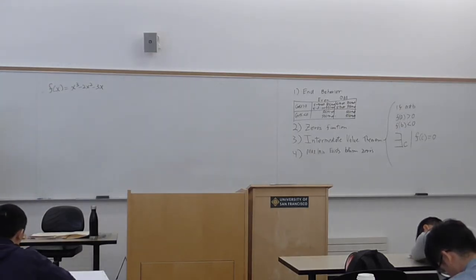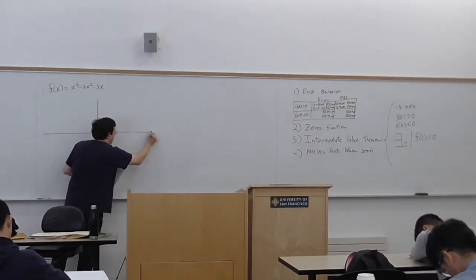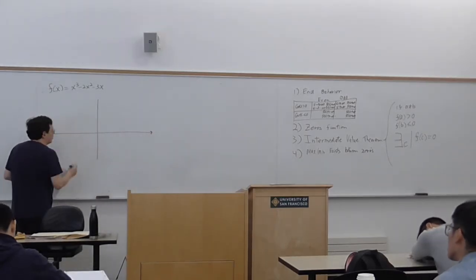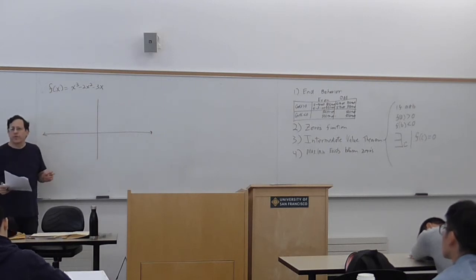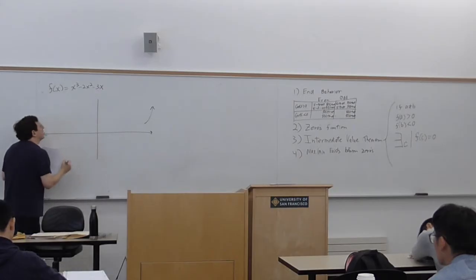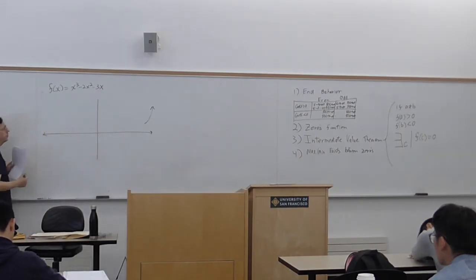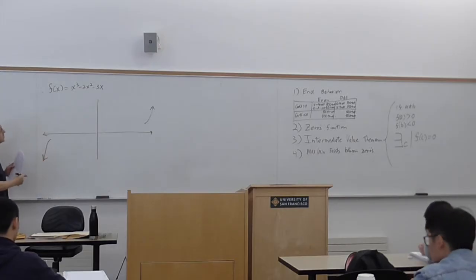It's similar in that it's odd, but its end behavior is going to be different, isn't it? What's going to happen is this function gets very large. It's going to go up, yeah. Keep that in mind. And then as it gets very negative, it's odd, it's going to go the opposite direction.